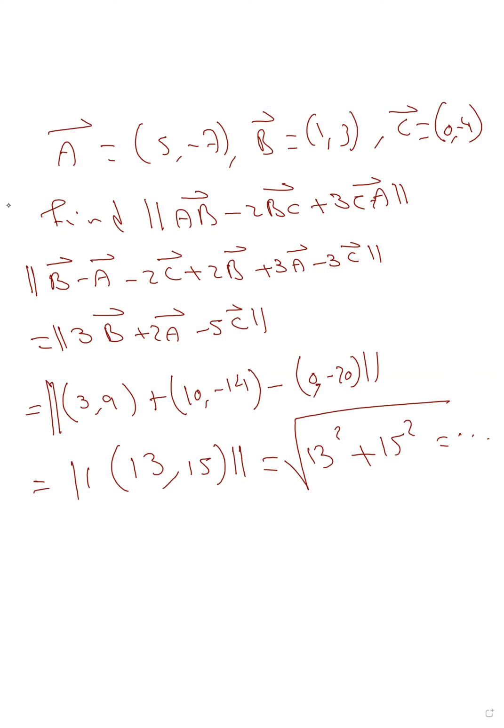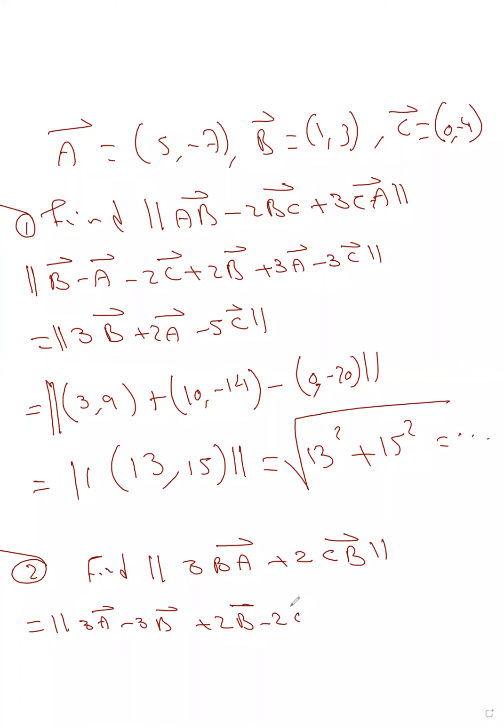That is number 1. Number 2, we will find the norm of 3BA plus 2CB. The norm equals 3A minus 3B plus 2B minus 2C.